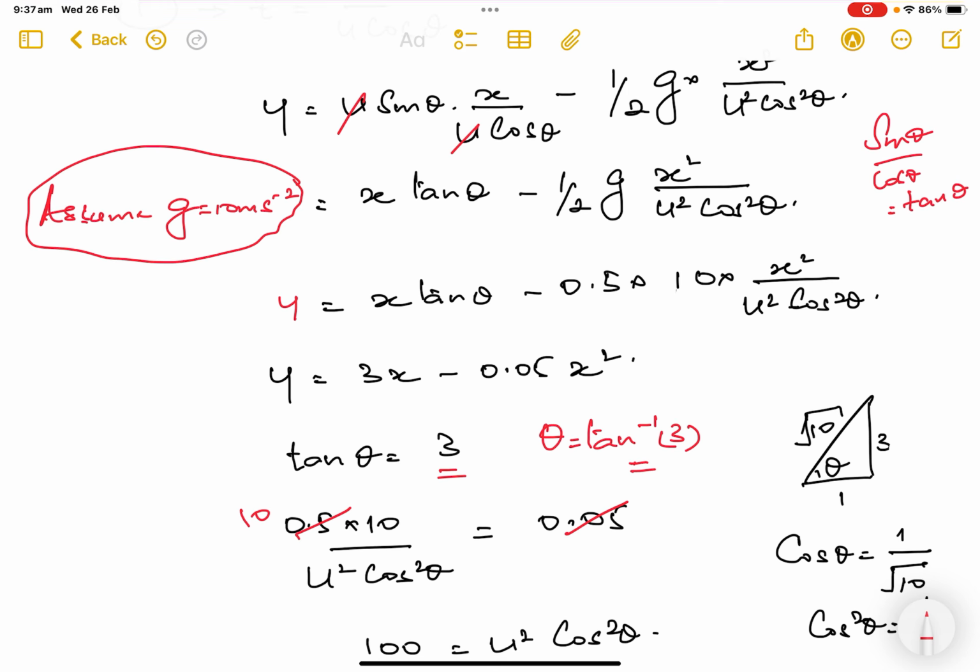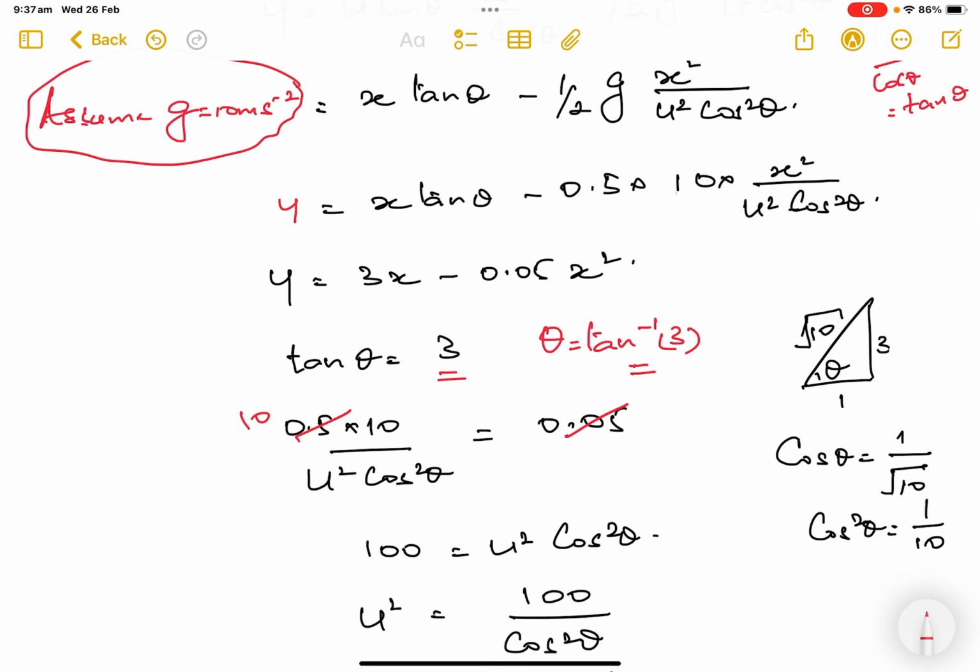So y equals x tan theta minus half g x squared over u squared cos squared theta. I assume g is 10 meters per second squared, since we haven't been given the value of g, otherwise 9.8, just to make it easier to understand the question. So half is 0.5, g is 10, x squared over u squared cos squared theta.